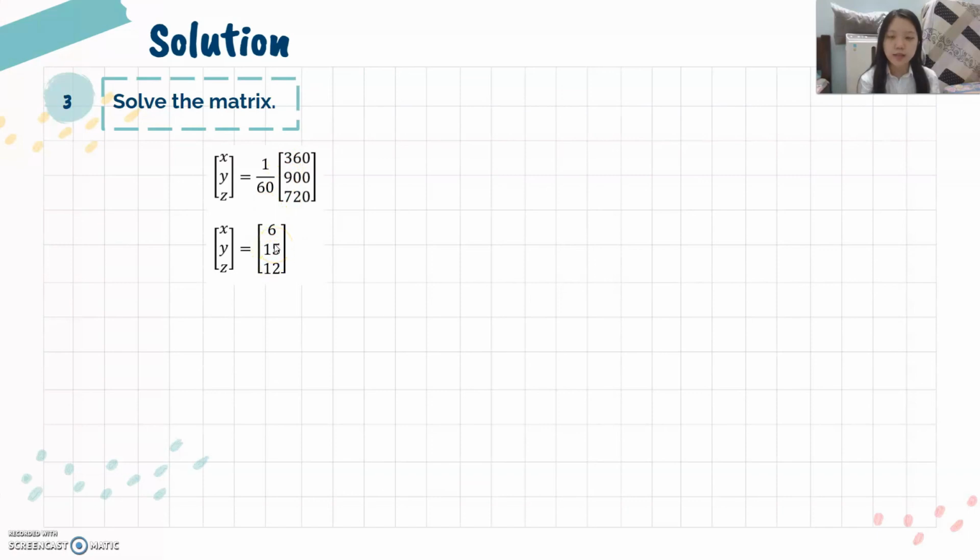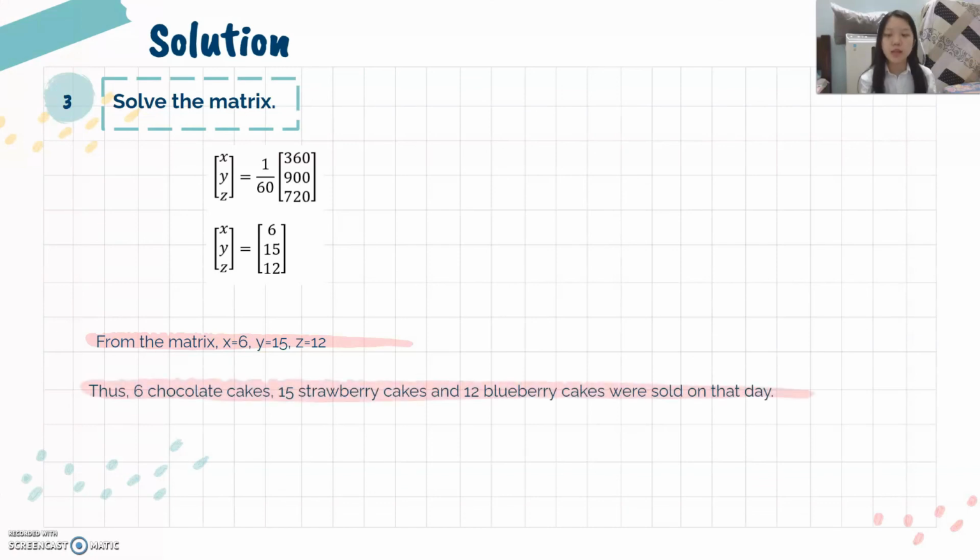From this equation, we can see that x is equal to 6, y is equal to 15, and z is equal to 12. So that means 6 chocolate cakes, 15 strawberry cakes, and 12 blueberry cakes were sold on that day.